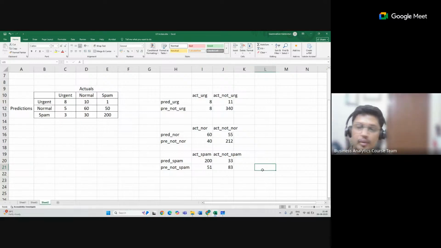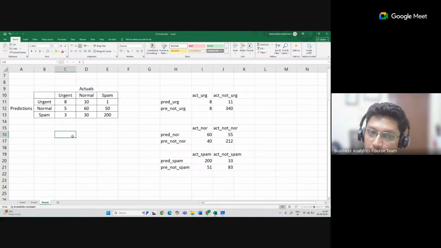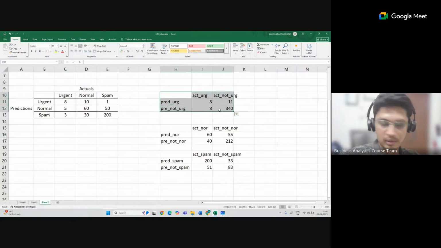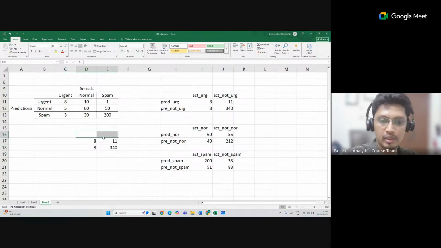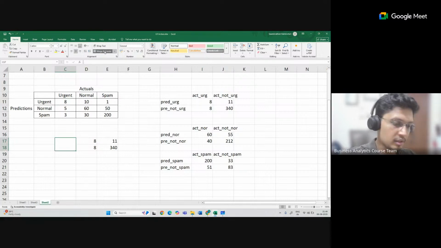Okay. So now you calculated precision and recall for individual classes. What are the individual classes? Urgent, normal, and spam. So now if I ask you to calculate precision and recall for the entire model, not for a particular class, how will you do it? Let's just call these the predictions and these the actuals.